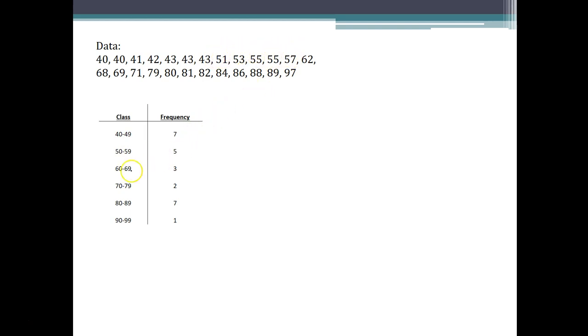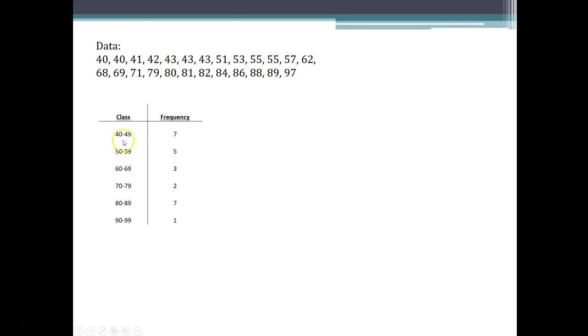So the frequency is 5. 60 to 69, you have 1, 2, 3, and that's it. You include 60 and 69 in there. So it's 3. 70 to 79 is 1, 2. 80 to 89 is 1, 2, 3, 4, 5, 6, 7. And then 90 to 99 is just this one right here. So there's a frequency distribution.